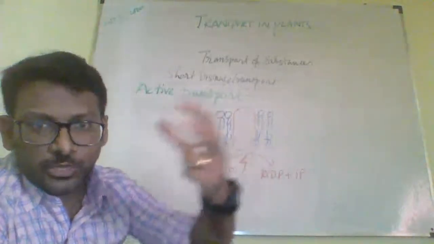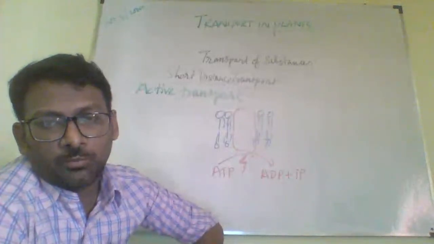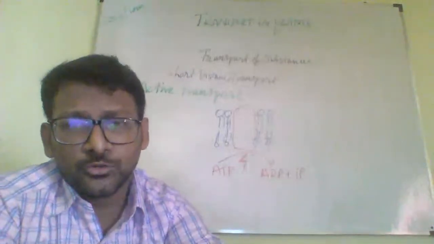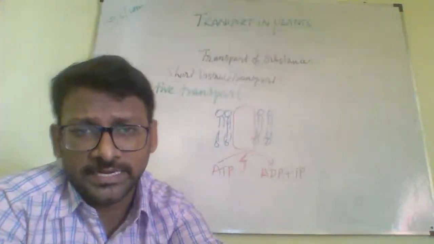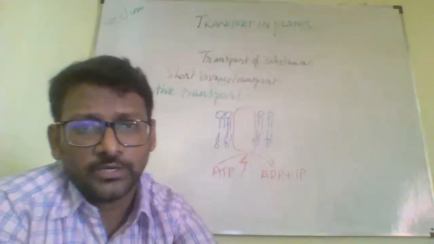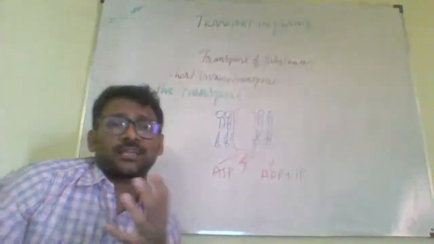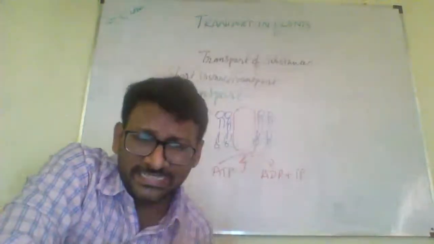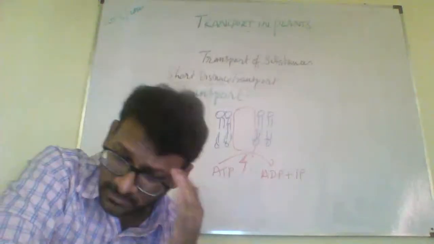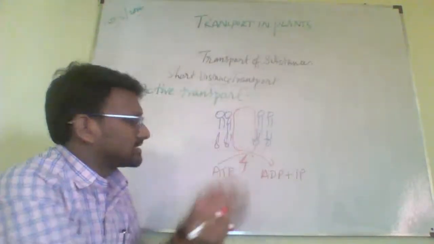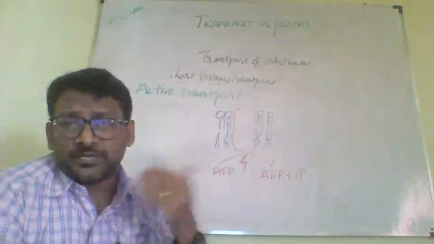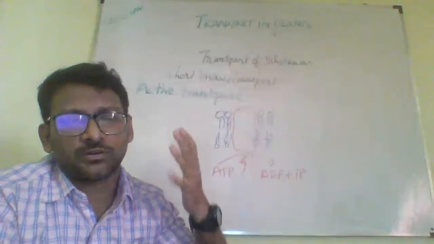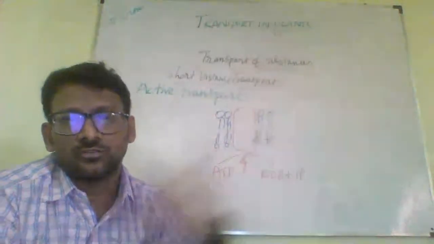So to allow those molecules during active transport, these pumps use energy molecules like ATP, and eventually they convert into ADP. So active transport uses energy to pump the molecules. And why does it need energy? It's simple common sense. In the previous passive transport, the molecules move by simple diffusion, from higher concentration to lower concentration.